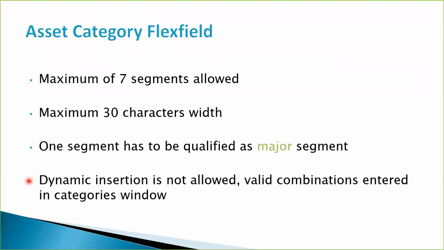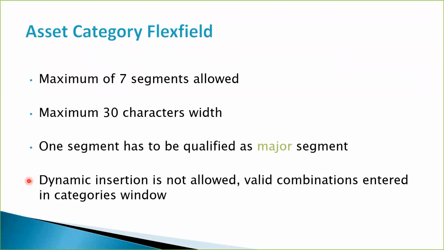The other thing about the asset category Flexfield is that dynamic insertion is not allowed. So again, we are still coming back to these features that we are already familiar with. Remember, we have dynamic insertion also in our accounting Flexfield that allows combinations to be created on the fly. So this does not fly in the asset category Flexfield.